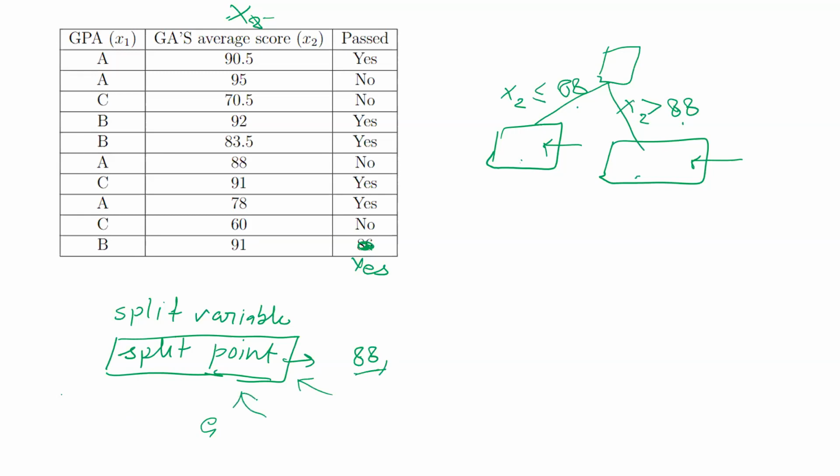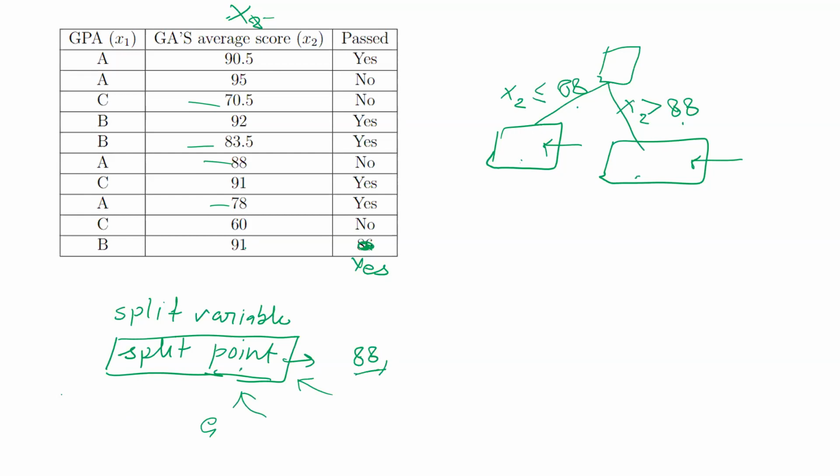So for 88, let's say this one. What is the criterion for deciding that the point is 88? To find the split point, you will check every possible value here. You will check all such possible values, and for whichever it is minimum, you will choose that as the split point.